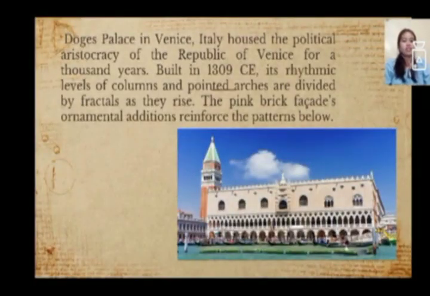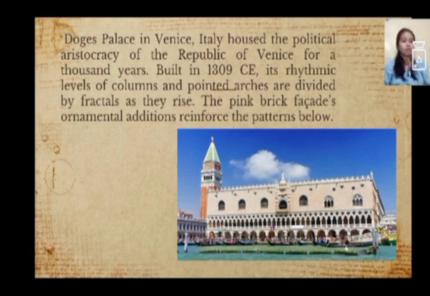So next we have the Doge's Palace in Venice, Italy. It housed the political aristocracy of the Republic of Venice for 1,000 years. It was built in 1300 CE. Its rhythmic levels of columns and pointed arches are divided by fractals as they rise. The pink bricks, facades, and ornamental additions reinforce the patterns below.